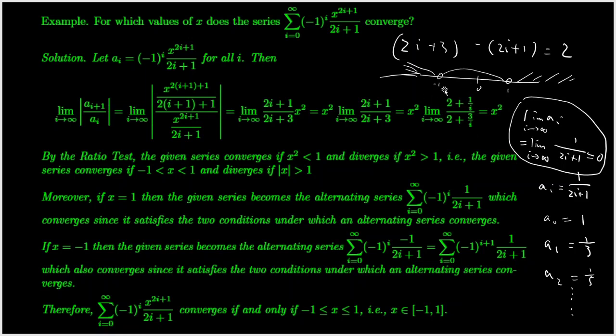There remains only one point to check, when the x value is -1. When you plug -1 into the given series, the numerator will become (-1) to the power of 2i plus 1. 2i plus 1 is always an odd number.